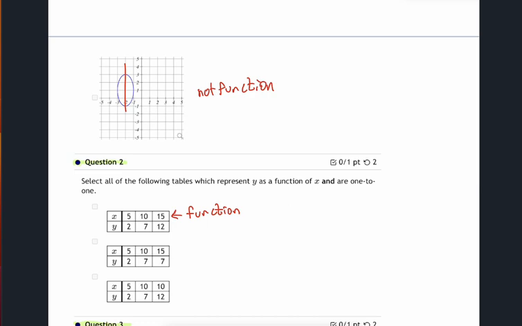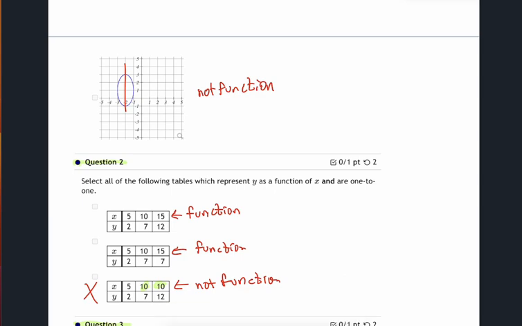The y's are allowed to repeat for it to be a function. X's are all different, it's a function. But in the third one, the x's have a repeat, so it's not a function. So that one is out for being a function, so it can't be a one-to-one function.